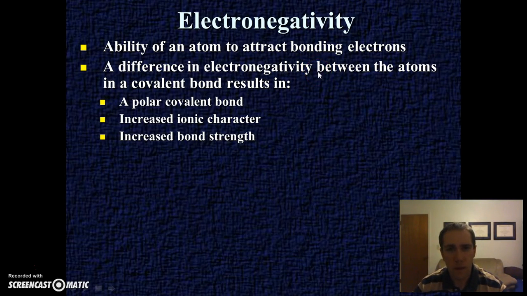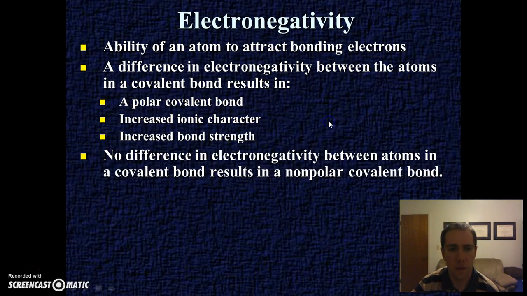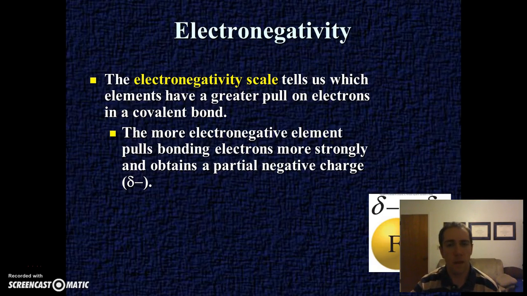So if you have two atoms, they form a covalent bond, and they have a difference in electronegativity, that means you're going to get a polar covalent bond. As we already said, polar covalent bonds are more like ionic bonds, and so that makes stronger bonds. If you have no difference in electronegativity between your atoms, it's a non-polar covalent bond.